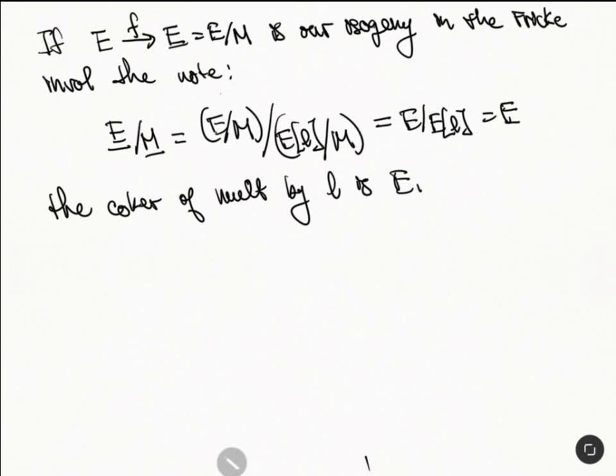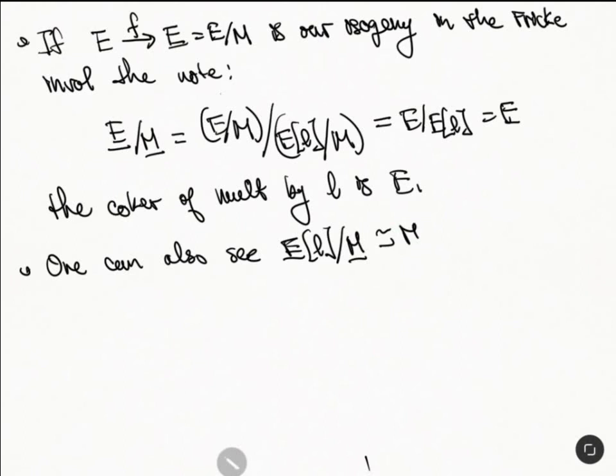So one can also see that E underline[L] mod M underline is isomorphic to M via duality. Okay, so this is a little bit harder to see.